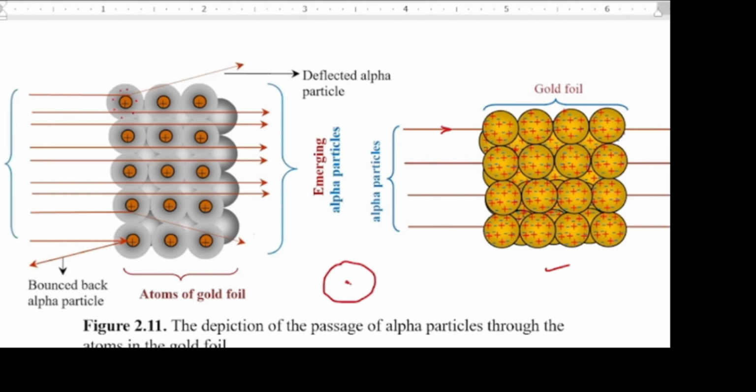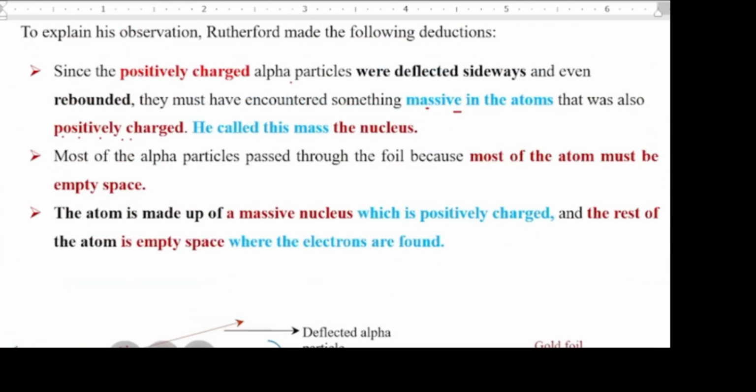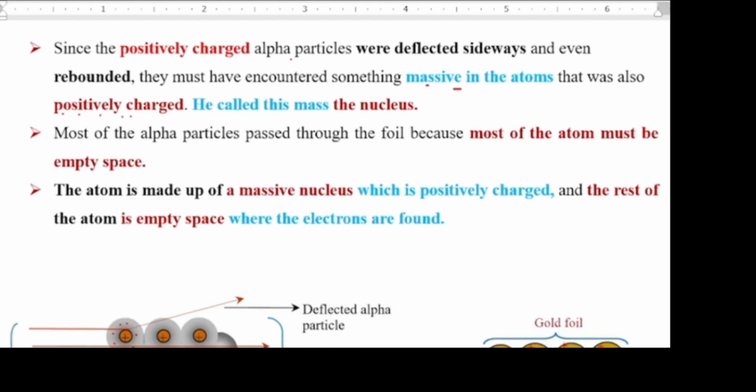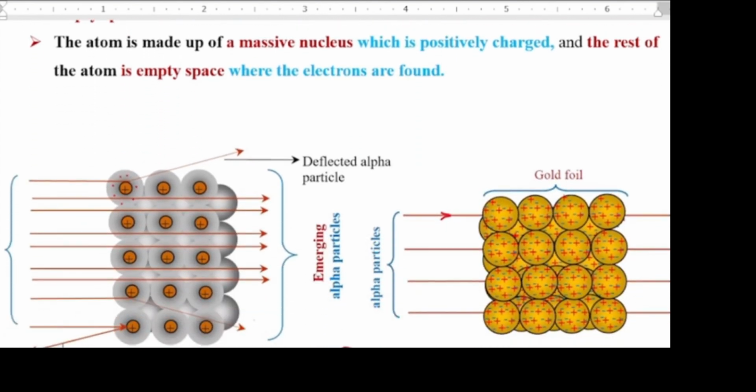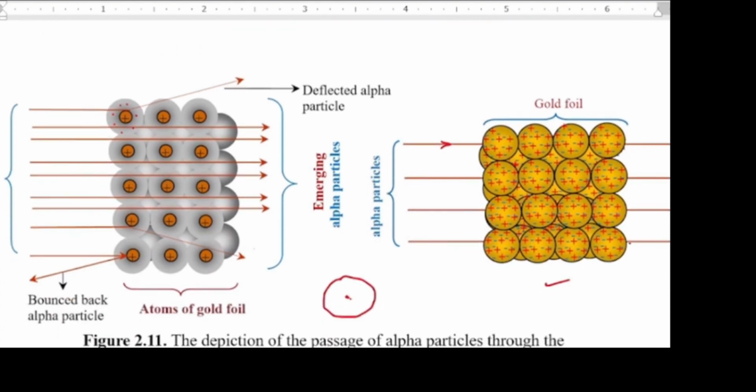This is the model proposed by Rutherford, and it's all summarized here, and the deductions he made are contained there too. So this is a nuclear model as proposed by Rutherford, and it was the result of him trying to see whether or not the model proposed by Thomson was correct.